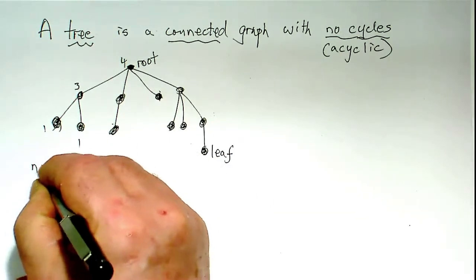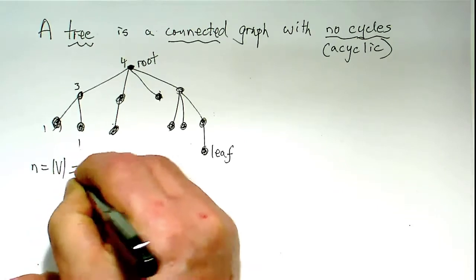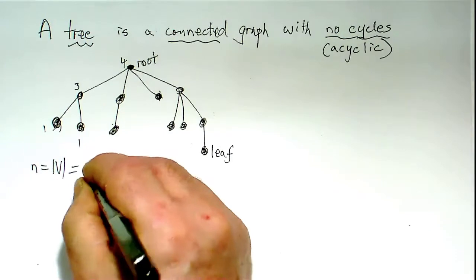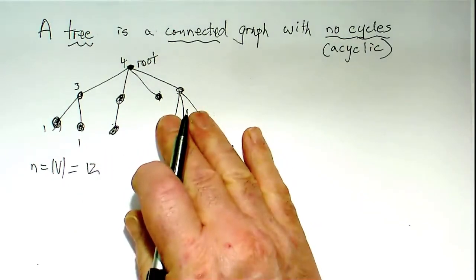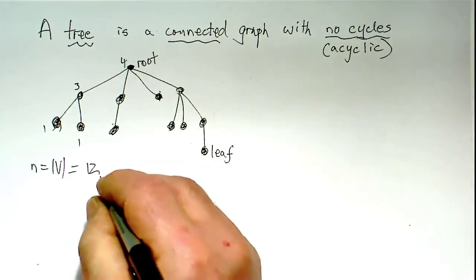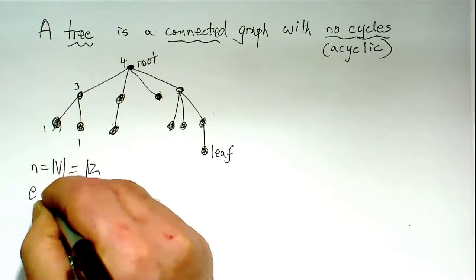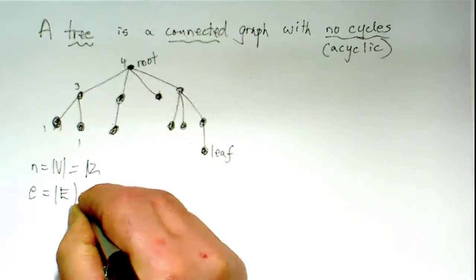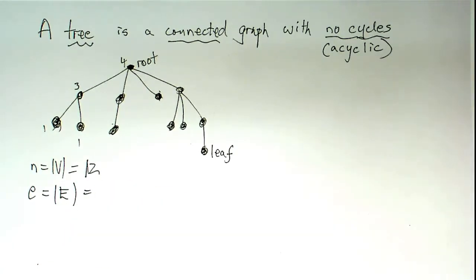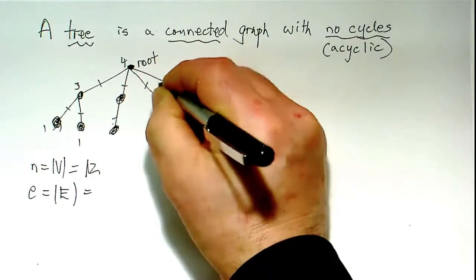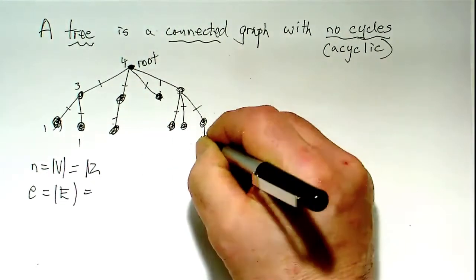Remember, I use n normally for the number of vertices, not little v, because v is a vertex. So this is 12. Sorry. How many edges? Well, I do use E normally for the number of edges, although I shouldn't perhaps do so. The number of edges is 1, 2, 3, 4, 5, 6, 7, 8, 9, 10, 11.